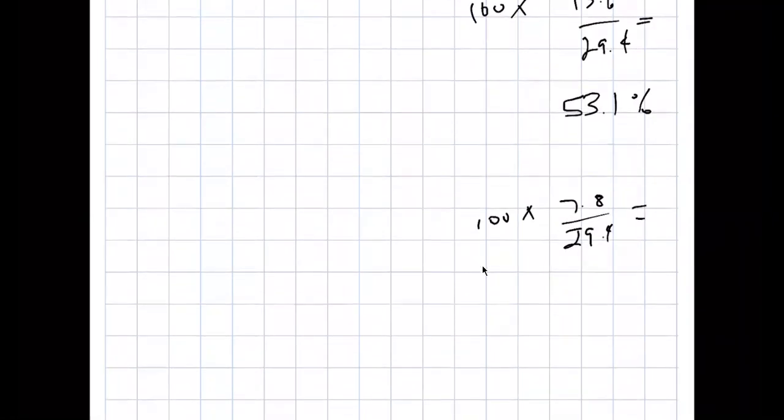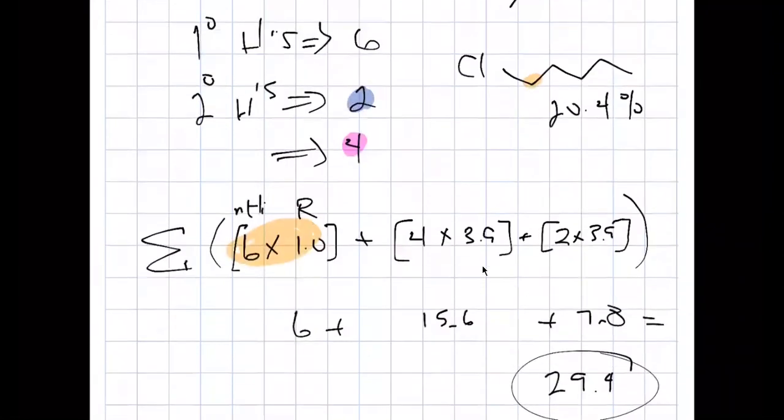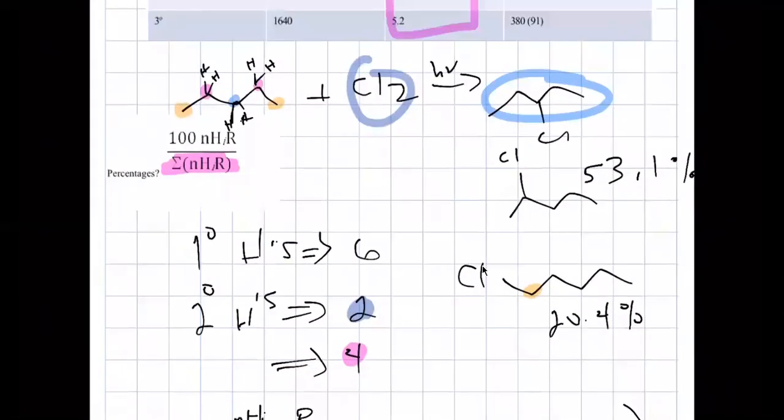Okay, cool. So 26.5%. Obviously, it's got to add up to 100. If it's greater than 100, you did something wrong. All right, so 26.5% for the other secondary product, which is this one.